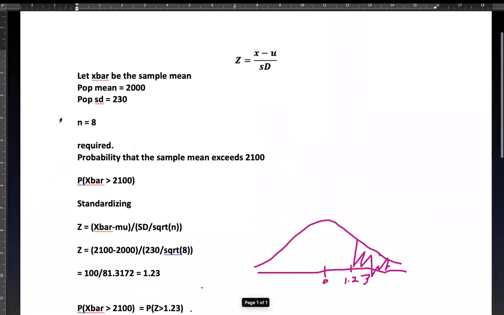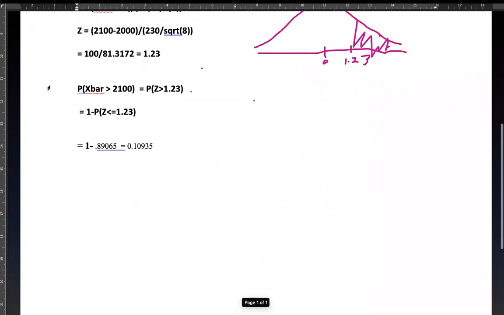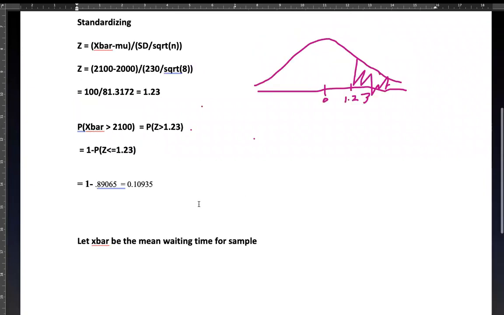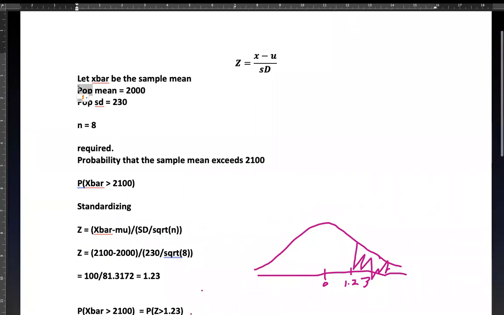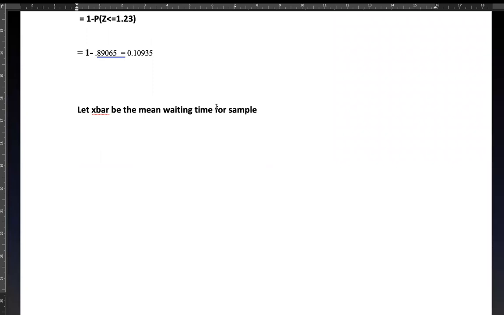What do we do? We have to bring out all the parameters. First we talk about what should be the mean. X bar is the mean, isn't it? The mean waiting time for the sample. Now what's the population mean? 3.5 minutes.